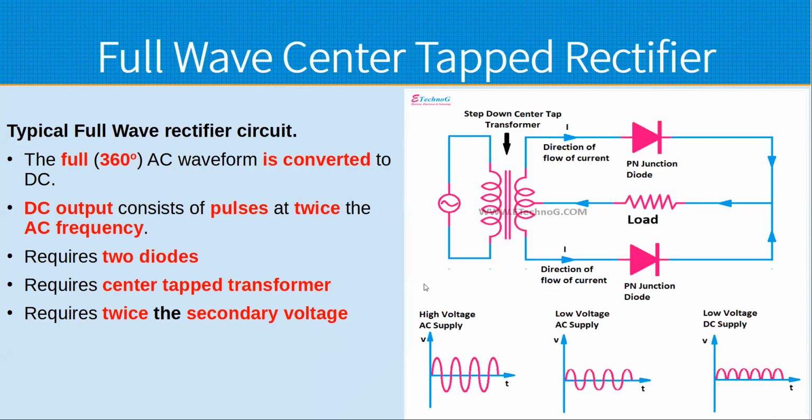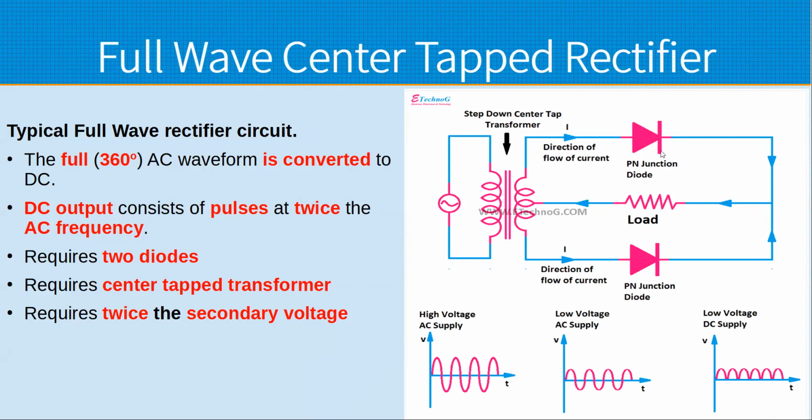Now we have a full wave. The difference is it uses two diodes. It converts the entire waveform, or 360 degrees, and we get twice as many DC pulses, so there are twice the input frequency.